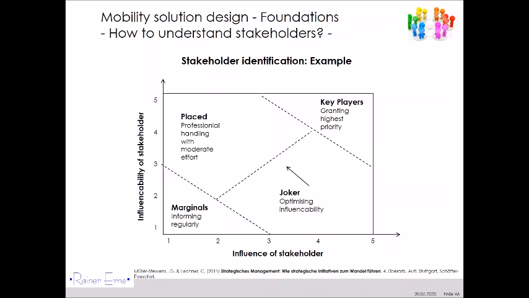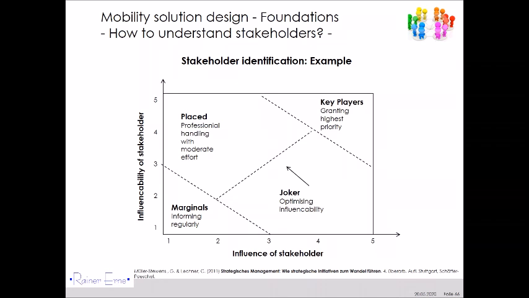And another criteria would be the influenceability of the stakeholders. And here, the users or the motorists, they differ. So there are certain segments, customer segments or motorist segments. Some are inclined to switch to alternative modes of transport, some aren't.